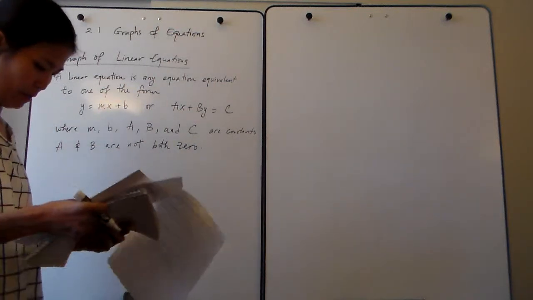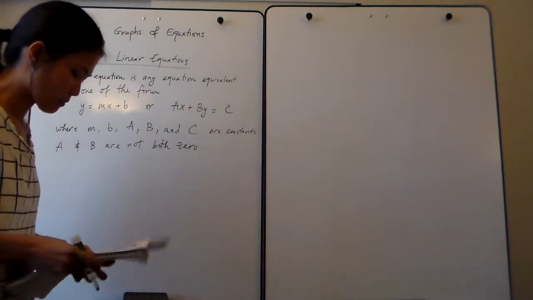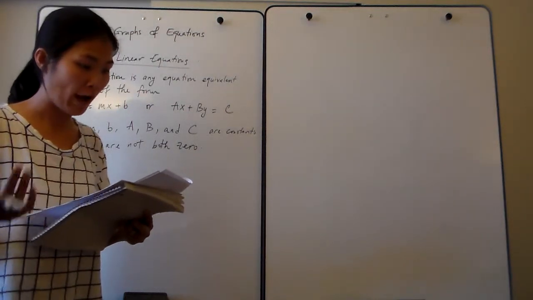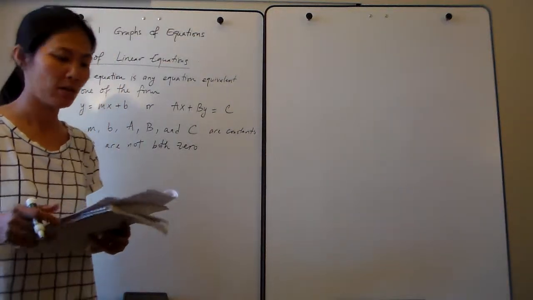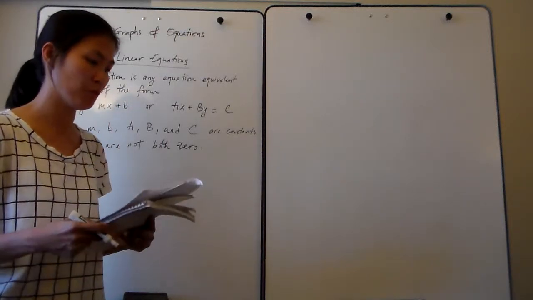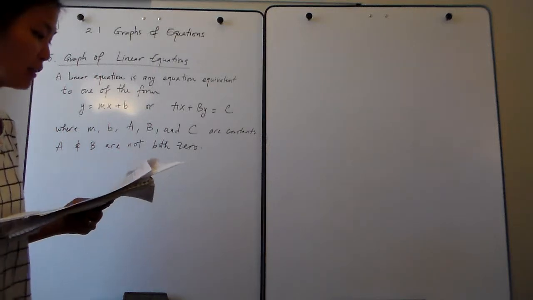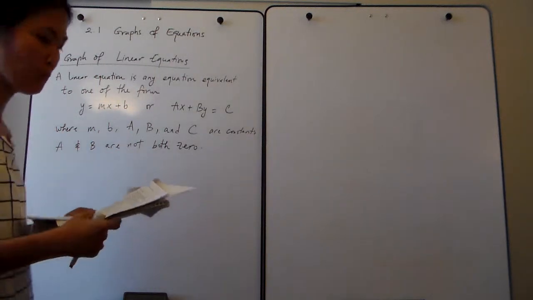Oh, by the way, on page 3, there's the instruction, a summary about how to graph a linear equation. I got that from the textbook. You can read it. It kind of helps you when you try to graph a linear equation, like the procedure, the steps, what you should do.